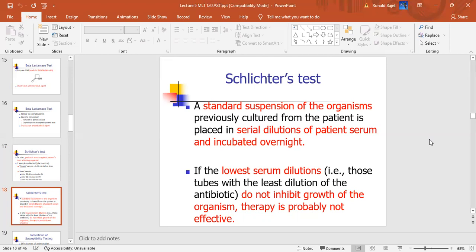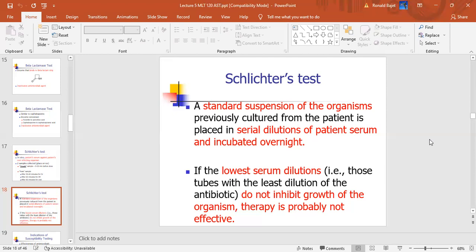You take that organism and you make a standard suspension. We'll do a 0.5 McFarland standard, okay? Now you have a standard suspension of organism. And so now you're going to be doing serial dilutions.